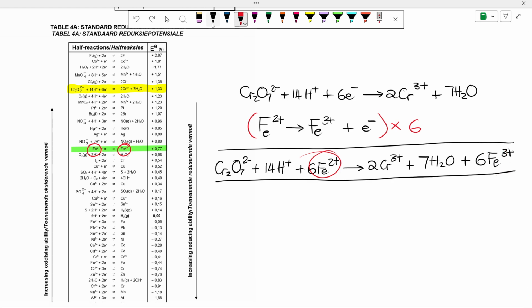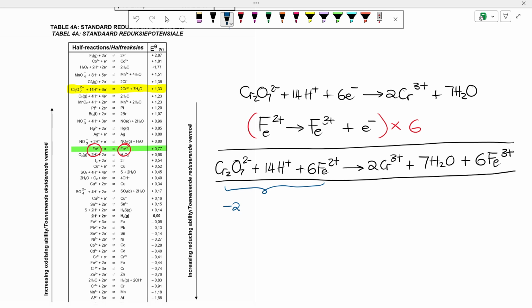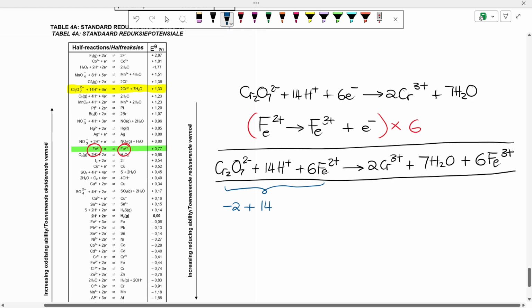Another quick thing to check. Do you remember another thing to check if it's balanced? Does it involve using the charge? Yes, we check the overall charge. So the first compound is going to have -2. The second one is +14, because it's 14 times 1. And then the next one is 6 times 2, which is +12. Then I go to the other side and say I got 2 times 3, and that's +6.